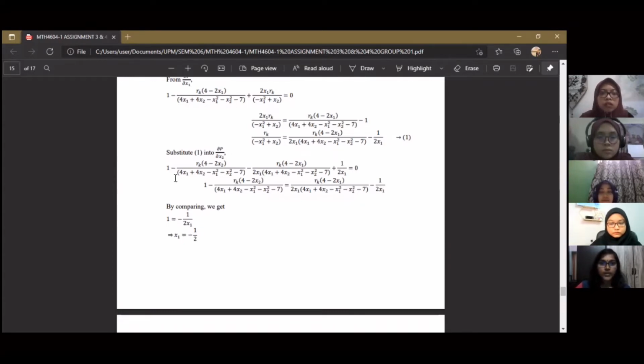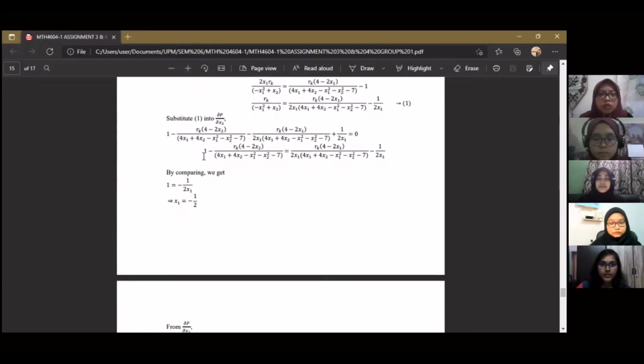So we get 1 minus rk (4 minus 2x2) over (4x1 plus 4x2 minus x1 square minus x2 square minus 7) minus rk (4 minus 2x1) over 2x1 (4x1 plus 4x2 minus x1 square minus x2 square minus 7) plus 1 over 2x1 equal to 0.